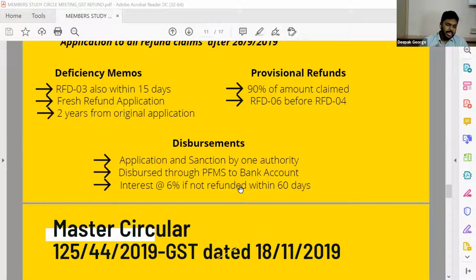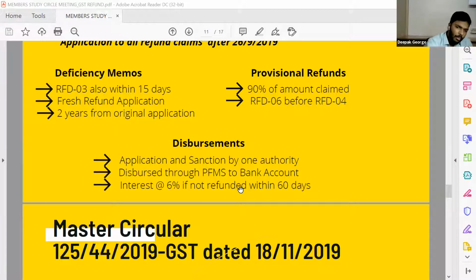So from the time you make the application, it goes to PFMS, and the PFMS portal is from where you get the money into your bank account. Basically, the sanction order is passed by the GST officer, but the GST officer is not releasing that money. He will pass the sanction order, inform PFMS, and the personnel controlling PFMS will release the refund amount to your bank account.